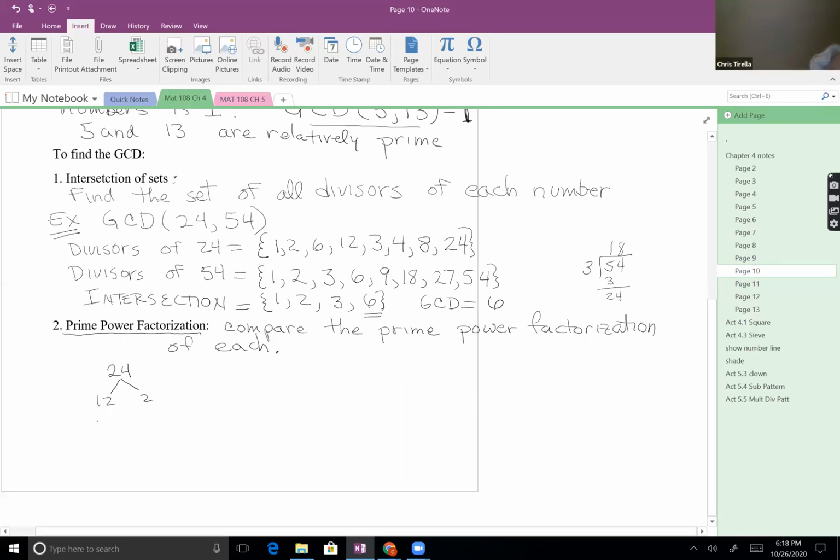Numbers that go into 12 evenly? 4 and 3. Numbers that go into 4 evenly? 2 and 2. 2 is prime, 2 is prime, 3 is prime, 2 is prime. So 24 is 2 to the third times 3. With me so far?